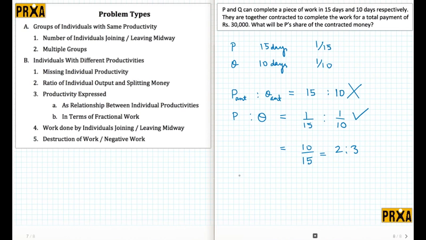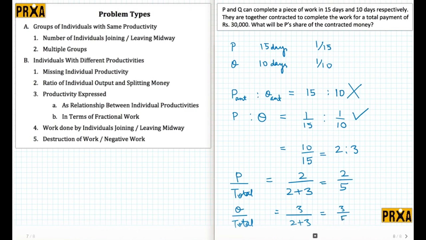So the amount of work that P does out of the total is 2/(2 plus 3). So P has done 2/5 of the total work, and likewise Q has done 3/(2 plus 3), which is 3/5 of the total work.